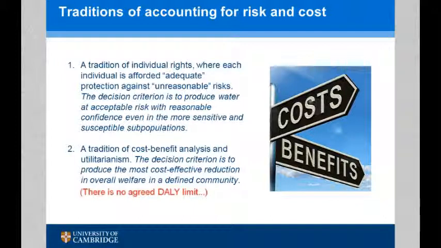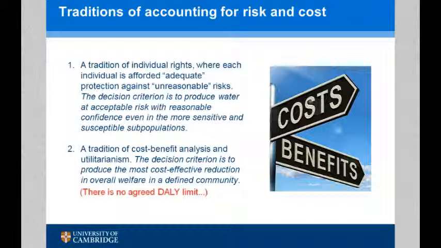The wonderful thing about the individual rights approach is that philosophically it just makes sense. We do have rights to clean water. The problem with the individual rights approach is one individual in a sensitive subpopulation might actually trump a whole bunch of individuals who are not being very highly exposed. And so one often goes to this sort of cost-benefit analysis or utilitarian approach in which what we're interested in is the most cost-effective way of getting the best overall welfare in some sort of a community.